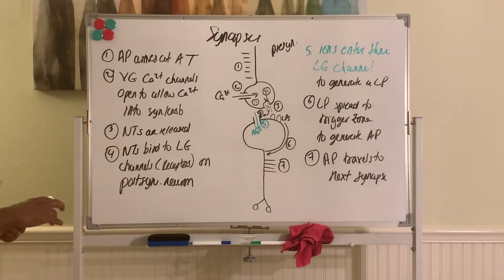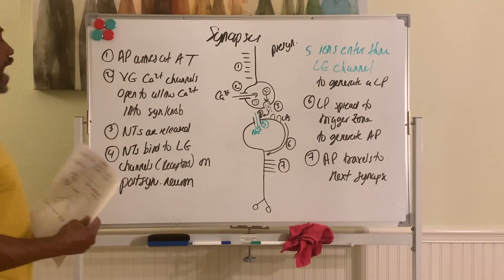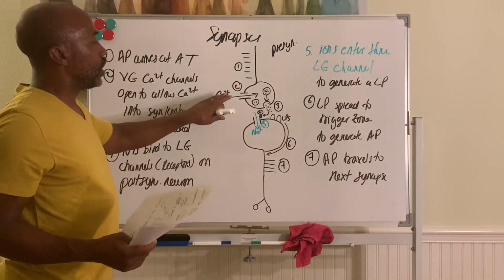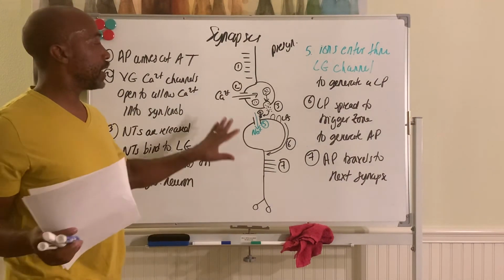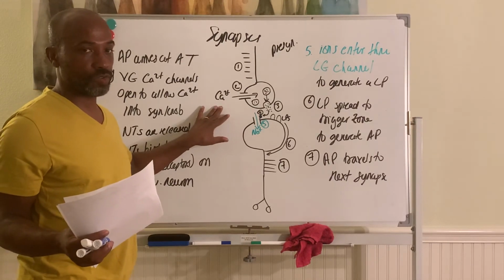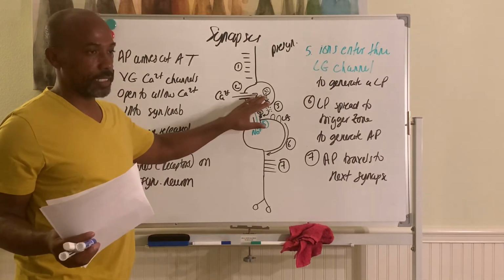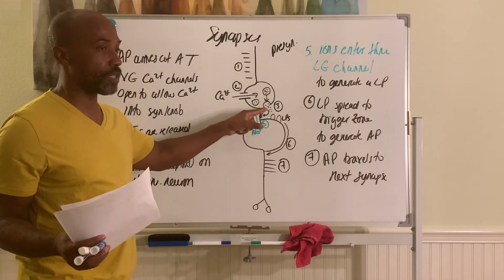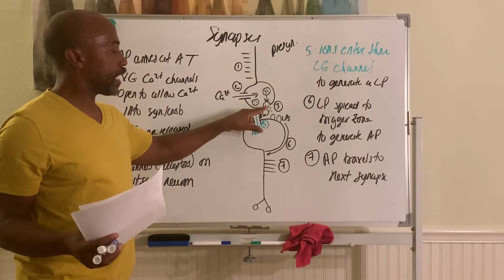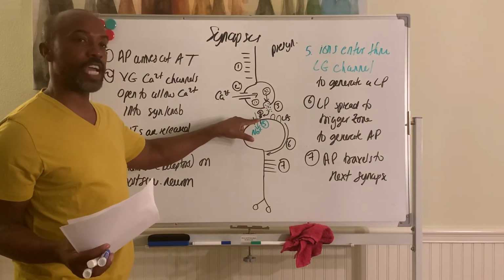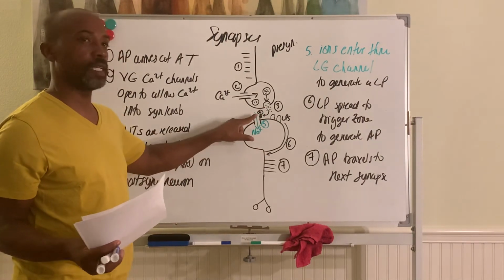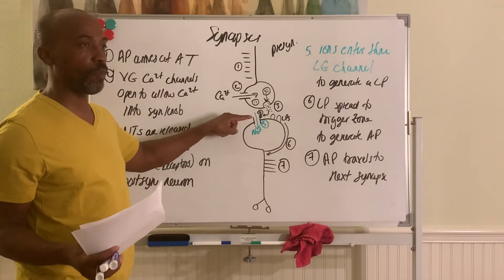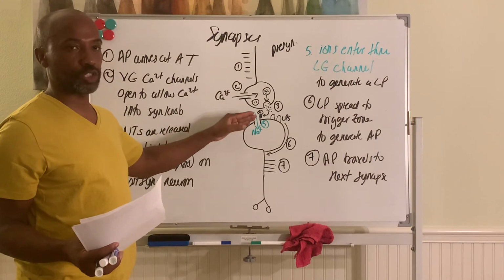So let's summarize. Step one, the action potential arrives at the axon terminal. It then will trigger the opening of voltage-gated calcium channels. Calcium enters the synaptic knob to cause the synaptic vesicles to release the neurotransmitters out into the cleft. Then they cross the cleft to bind to ligand-gated channels on the postsynaptic neuron, which triggers the influx, or the movement, of ions across the cell membrane to generate local potential.